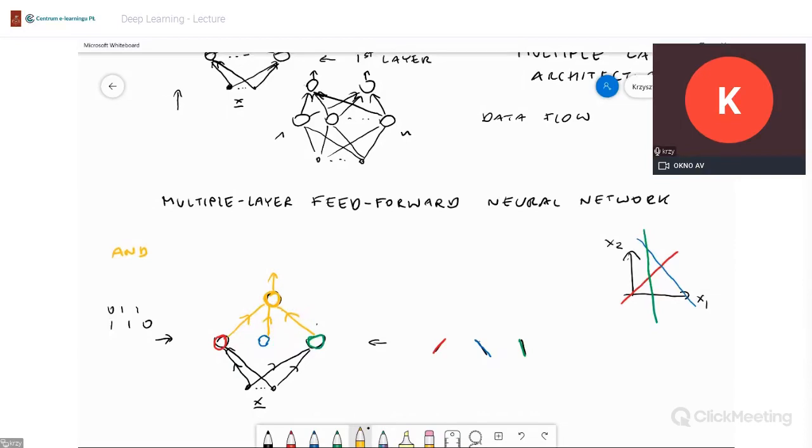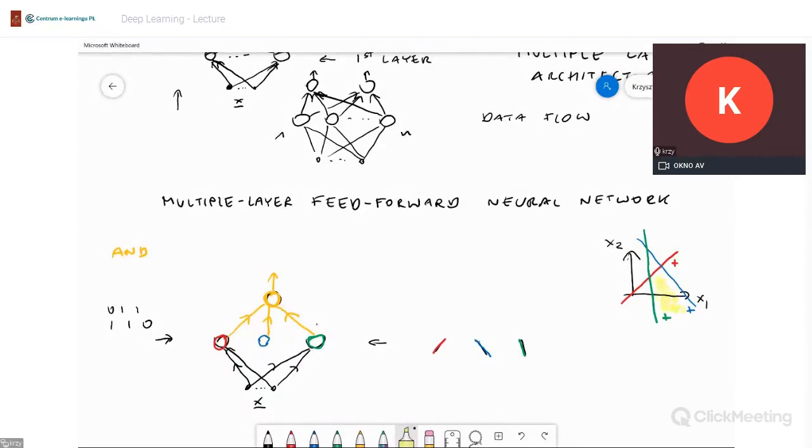So let's assume that this is a positive side of green. Let's assume that this is, for example, the positive side of blue, and this is the positive side of red. What I can do is find an intersection of these 3 regions.